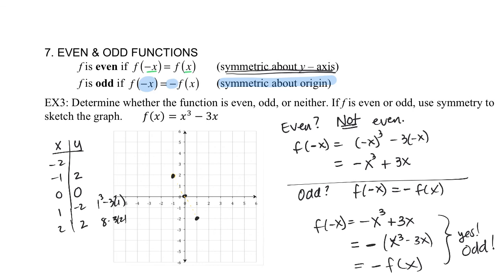So this is 2. And this one would be opposite of that, negative 2, negative 2. Okay, so this function goes up, comes down, and back up. There's our graph.